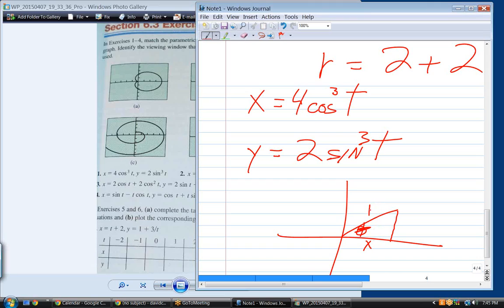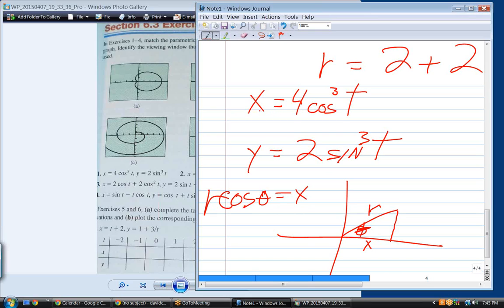And even on the non-unit circle, if I make that r, we have the cosine of theta equals x over r, so x equals r cosine of theta, and y equals r sine of theta.